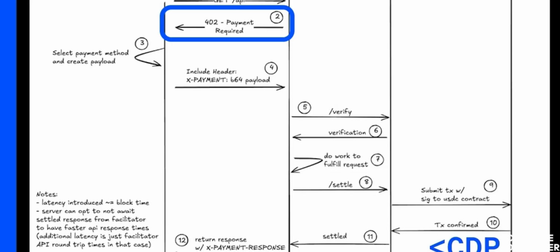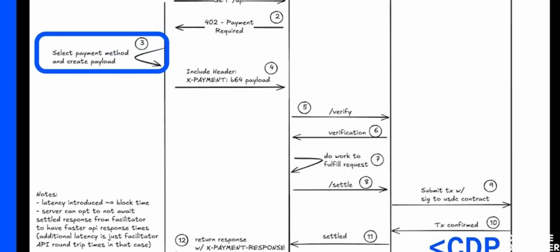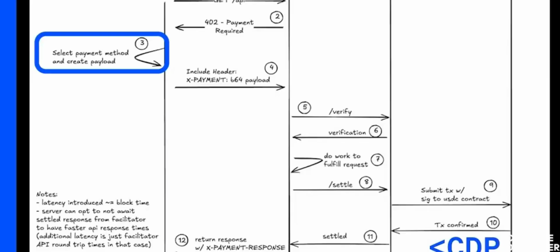And so that payment required response contains one or many methods that the client can select from in order to make the payment. Let's say they may have USDC on Base, or they may have USDT on Solana, or they may have an ETH token on Ethereum mainnet. The server tells the client, hey, these are all the different things that I'm willing to accept payment in.